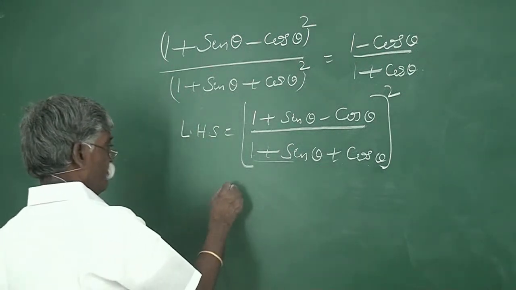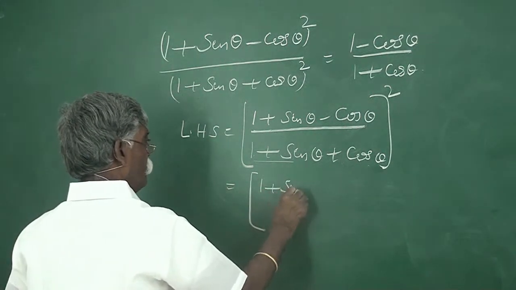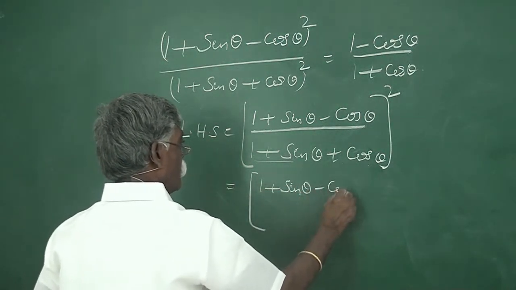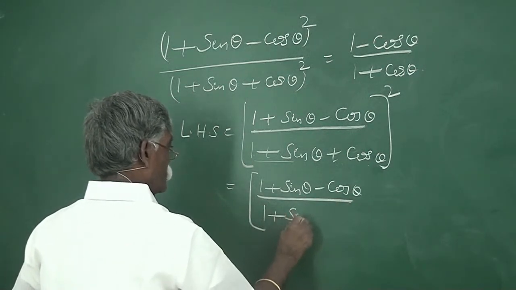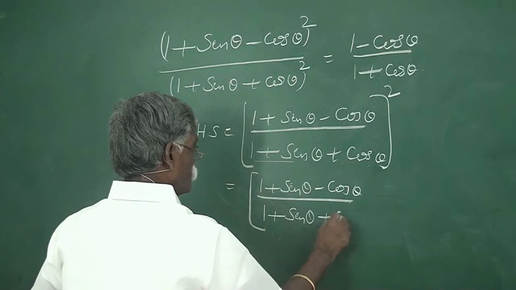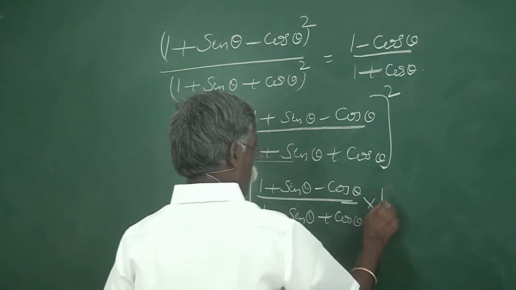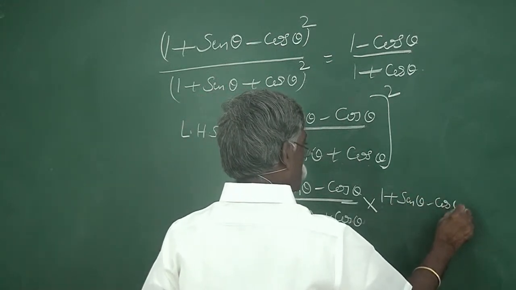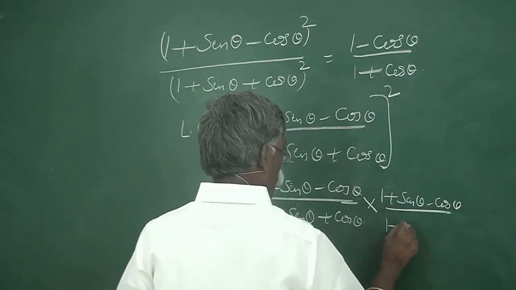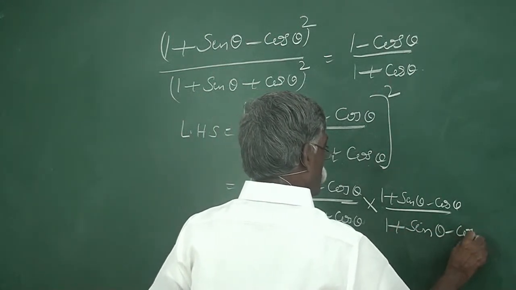That means this is (1 plus sin theta minus cos theta) by (1 plus sin theta plus cos theta) into (1 plus sin theta minus cos theta) by (1 plus sin theta minus cos theta).